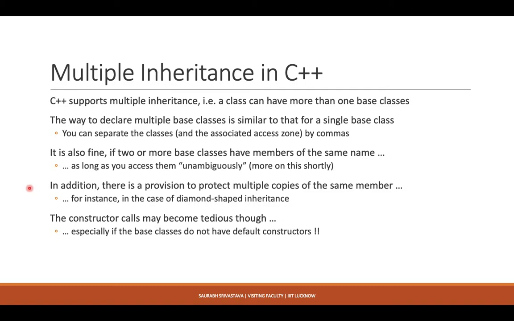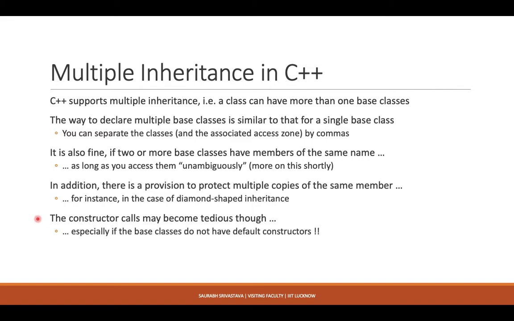And in addition, there is a provision to protect against multiple copies of the same member as well. For example, in the case of diamond shaped inheritance, it's basically a wastage to have two copies of exactly the same member. So there is a provision to make only a single copy of such members. The issue might be that the constructors become slightly more complicated.